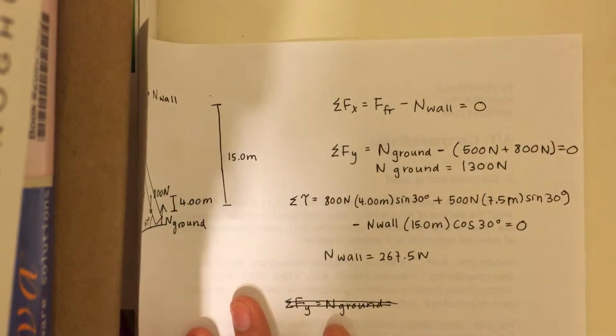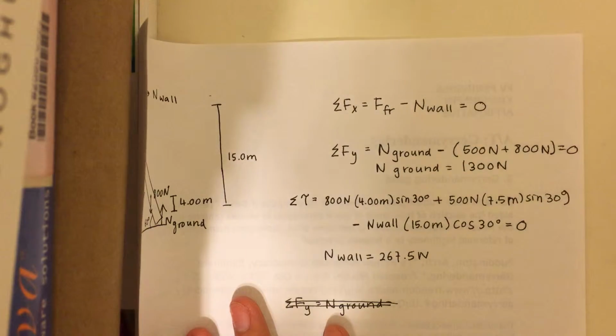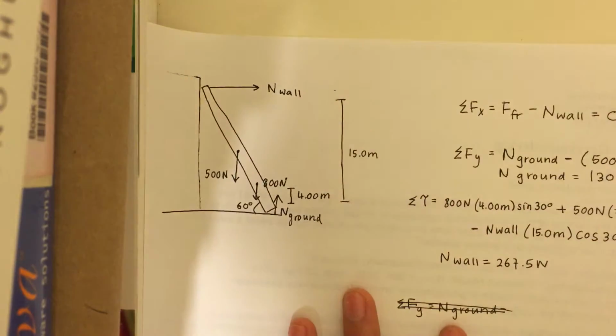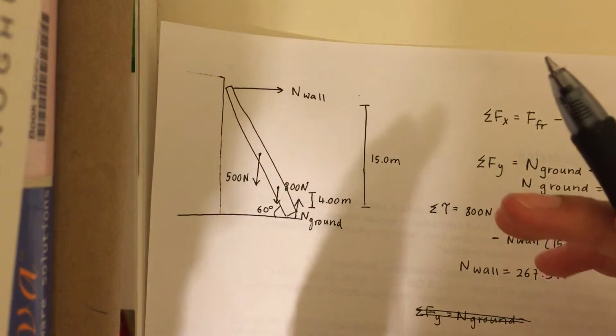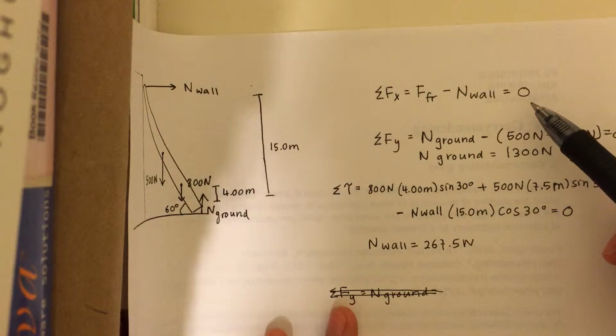So first we need to look at the forces in the x direction. We will have the normal force from the wall exerting a force this way, but we'll also be having the force of friction. And those would equal each other to prevent the ladder from sliding down, so set that equal to 0.